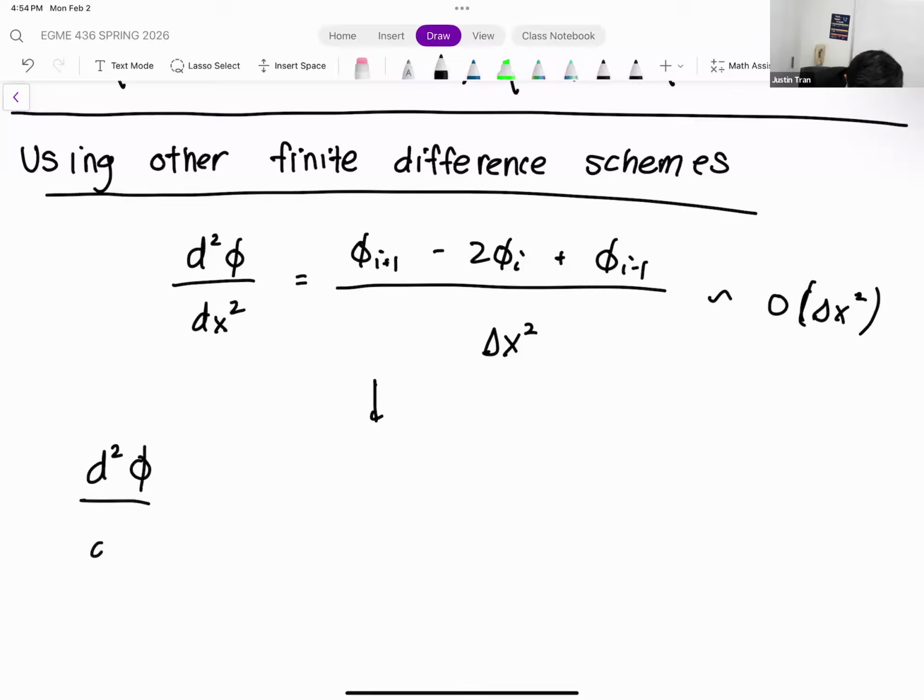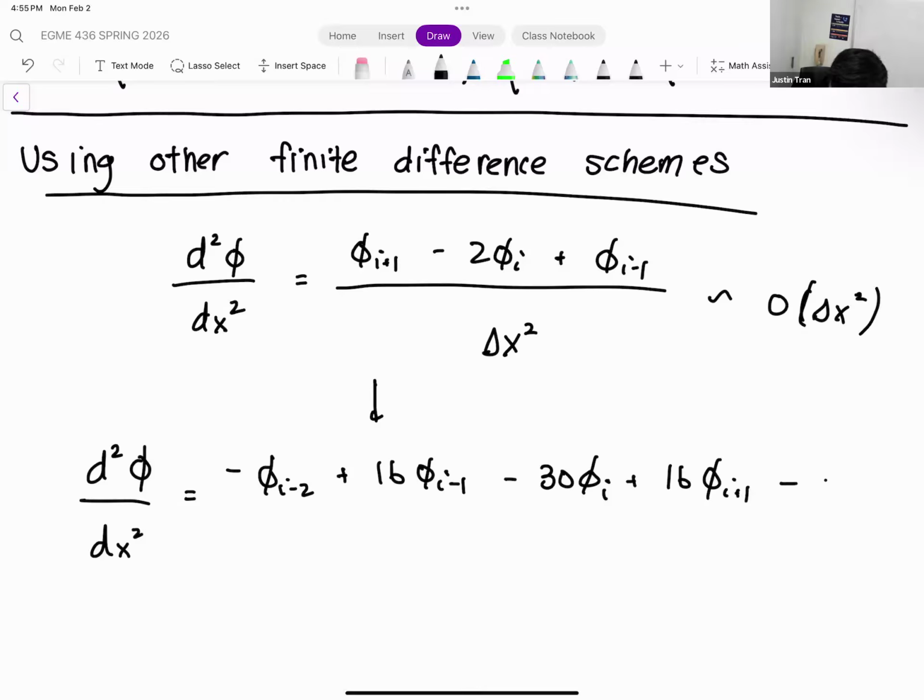So let's use another central difference scheme, the next one that is more accurate for the second order derivative. So for example, let's use this one here. Another way to represent the second order derivative would be: minus phi minus 2 plus 16 phi minus 1 minus 30 phi, plus 16 phi plus 1 minus phi plus 2, all over 12 delta x squared.